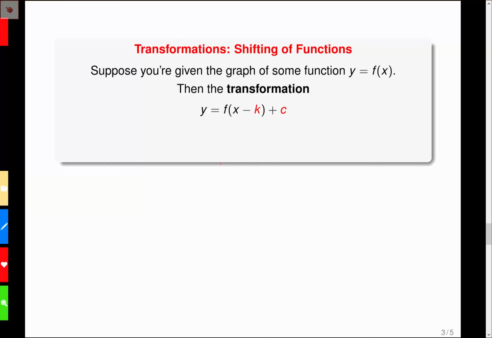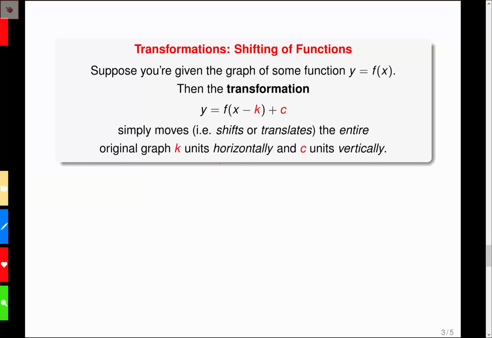The second thing we're going to do is to add another constant c to the formula. Then this new, more complicated function has a very special relationship with the original function, y equals f of x. And that's that they both have exactly the same graph. In fact, the only difference is that the graph of the transformed function will be the graph of the original function that has been moved or shifted or translated k units horizontally and c units vertically.